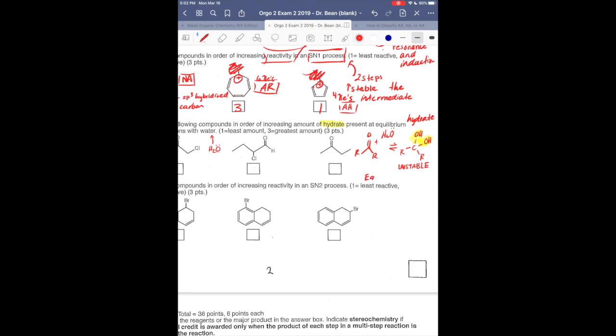And the equilibrium, this is just a general rule of thumb. The equilibrium lies towards stability, right? And you can say stability or less reactive, for example.